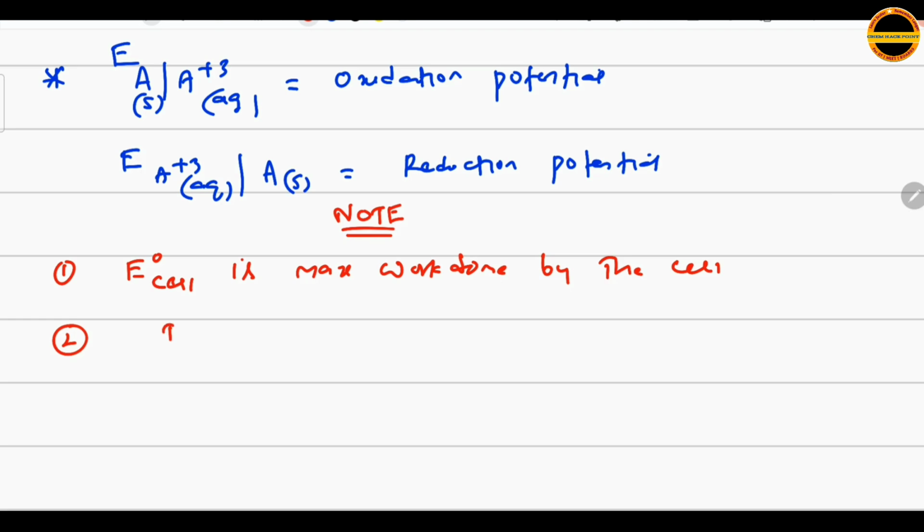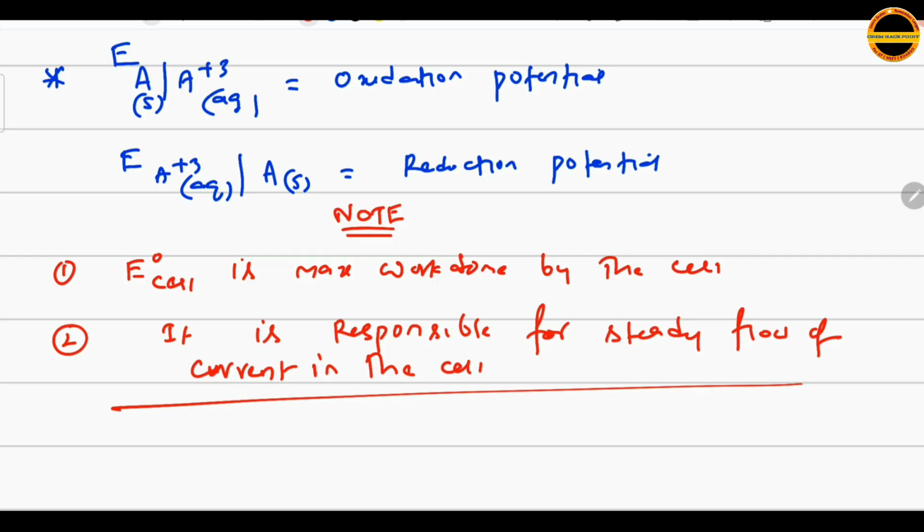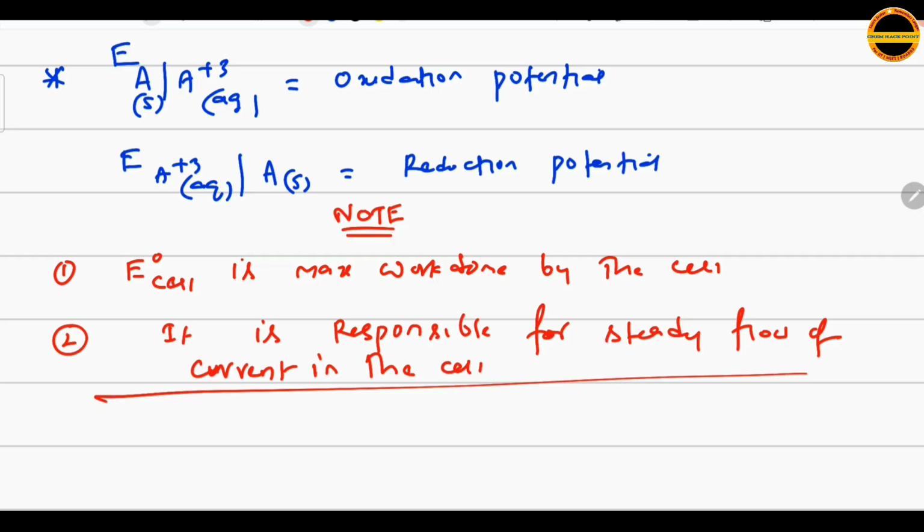At the same time, it is the potential difference, and it is responsible for steady flow of current in this cell, because of the difference in potential. Important: steady flow of current in this cell. Observe the note and close the note.